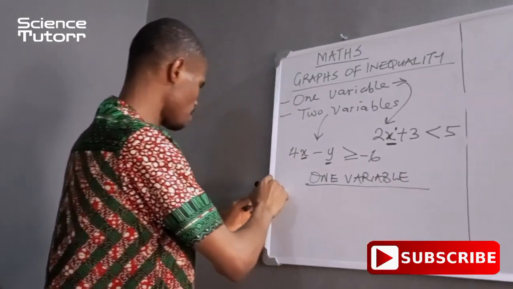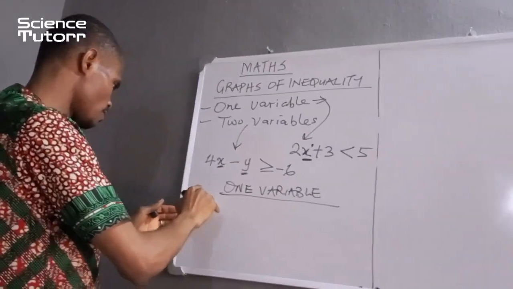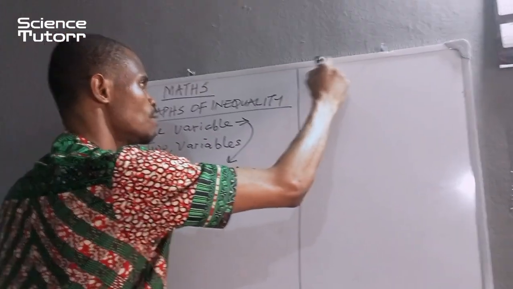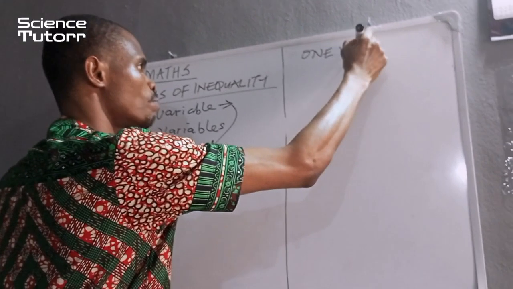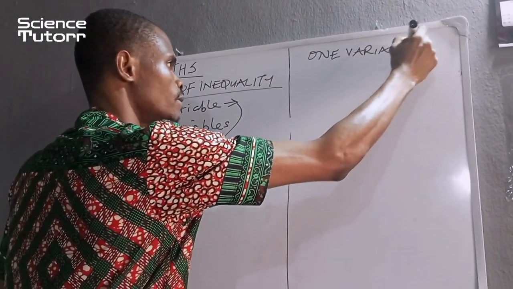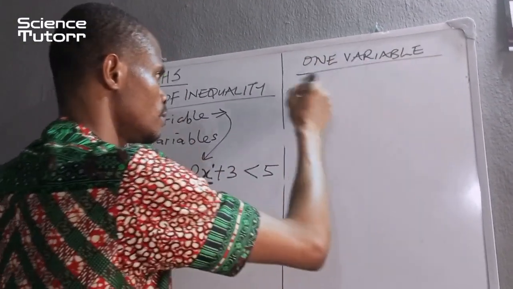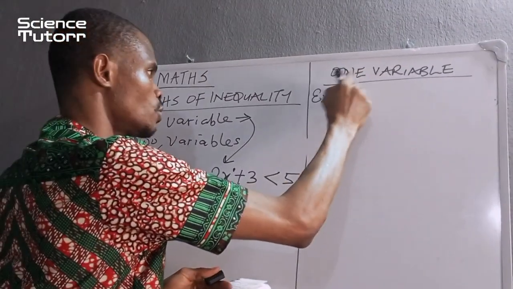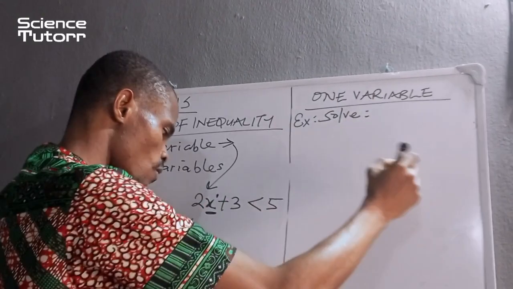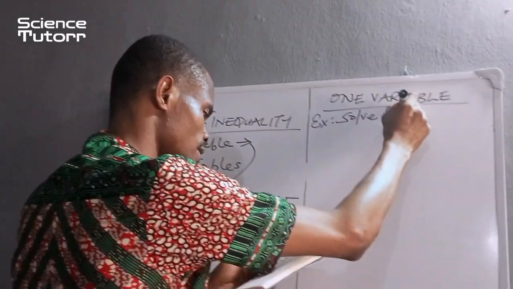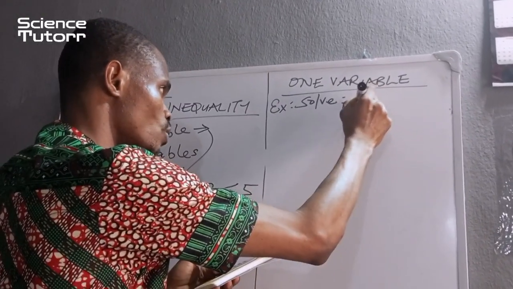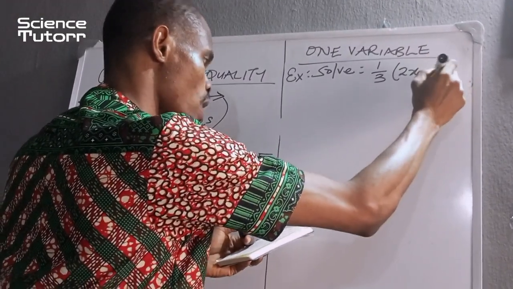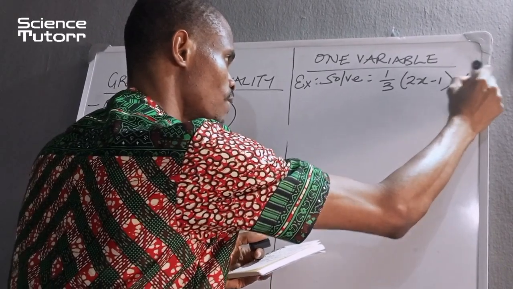So let's take some example. For linear inequalities with one variable, let's look at one variable problem. So example, we have to solve the linear inequality 1/3 into 2x minus 1 is less than 5.